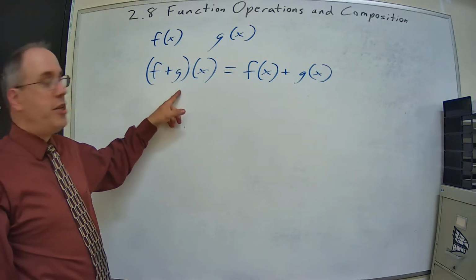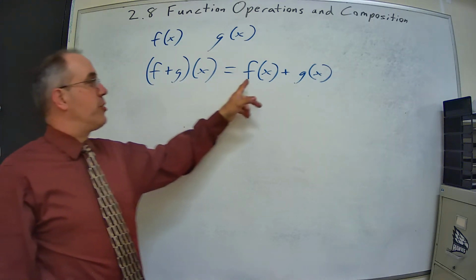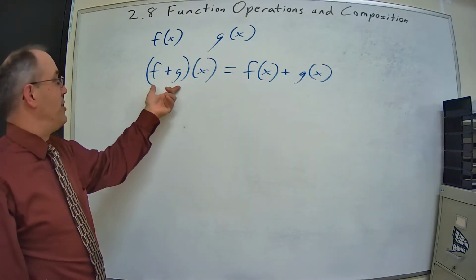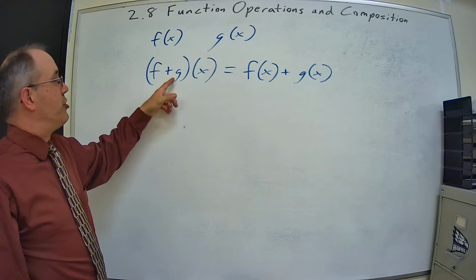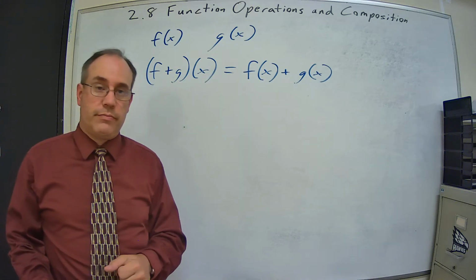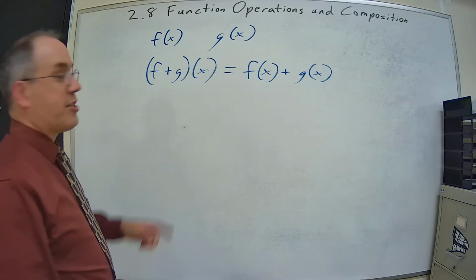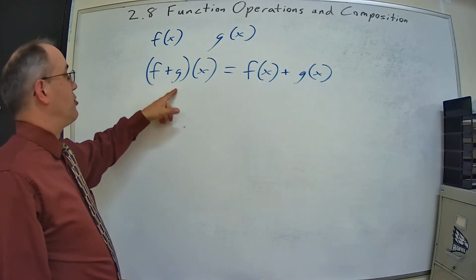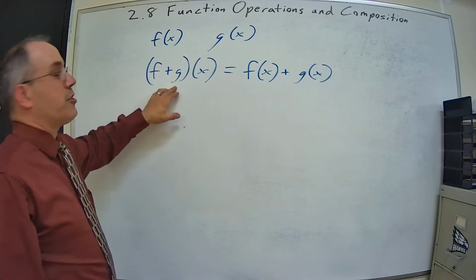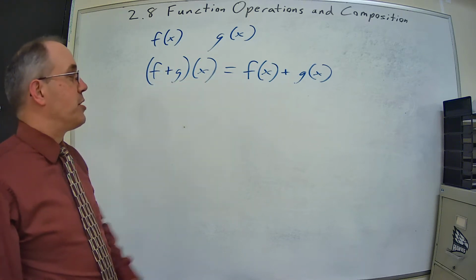So we're really learning this notation, that when we have the f plus g in here, that's saying add those two functions together. Remember, it's not multiplication of f plus g times x, okay? This is just like f of x, where we have f plus g of x, just adding it together.